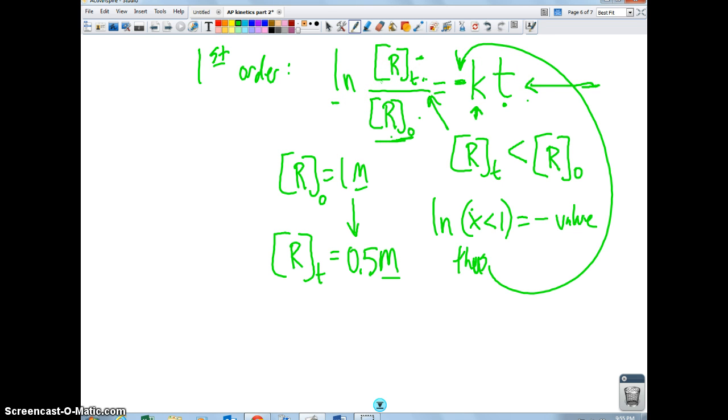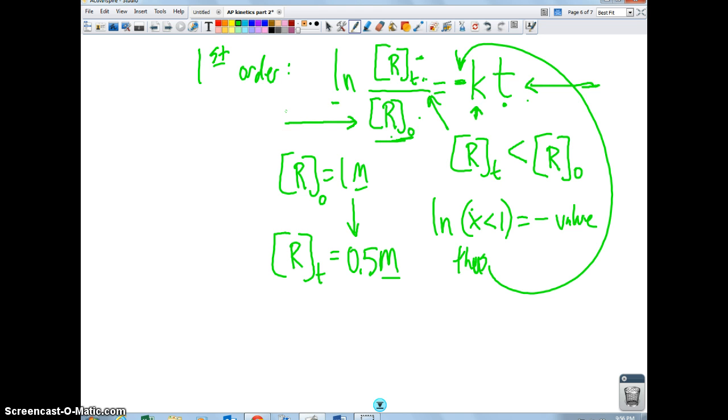Because those units are 1 over time, we can use just about any concentration that we would like. These are usually going to be molarity, but they could also be things like absorbance or pH, lots of other things. If we know what it is at the beginning and at time t, those units are going to cancel each other out, and we can use just about anything.